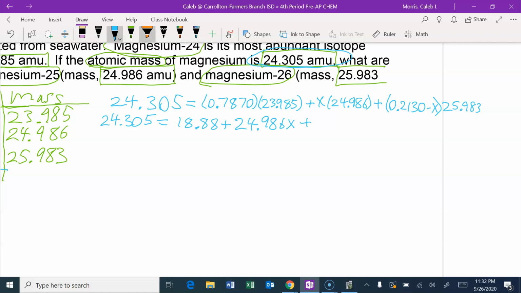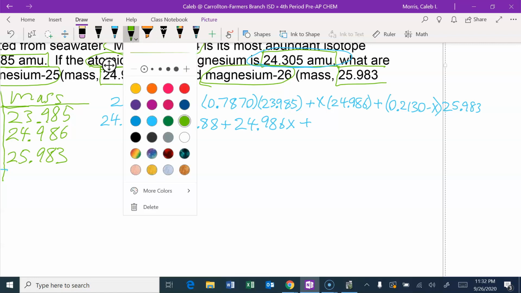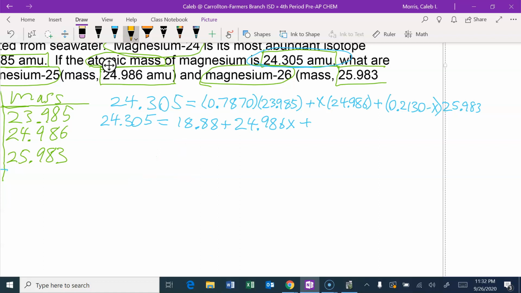We've got to distribute. So again, we're distributing this number to this, and then we're also going to distribute that to multiply that by the X.